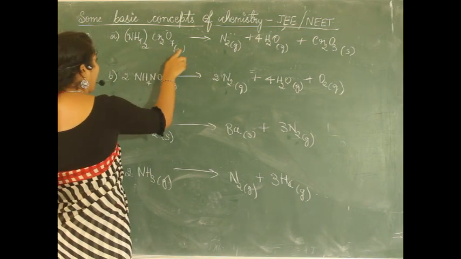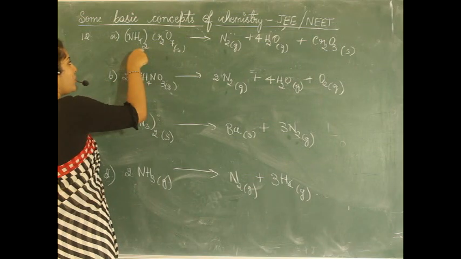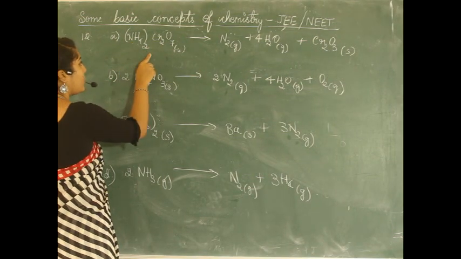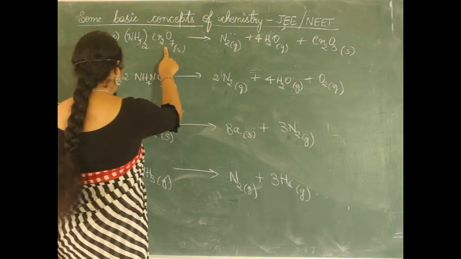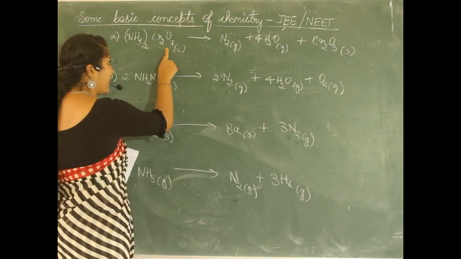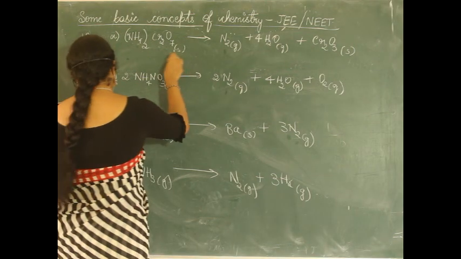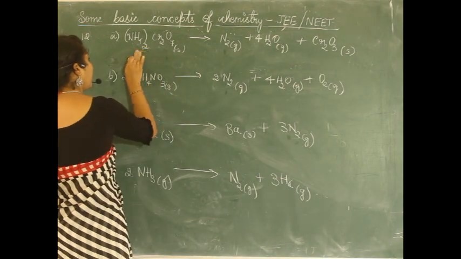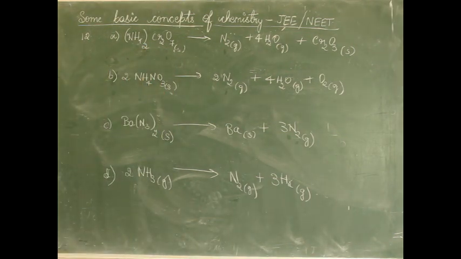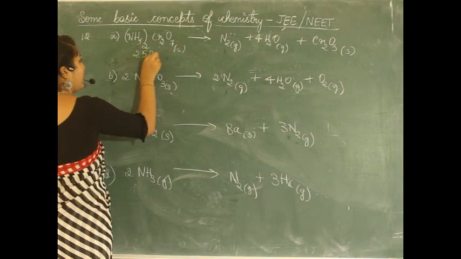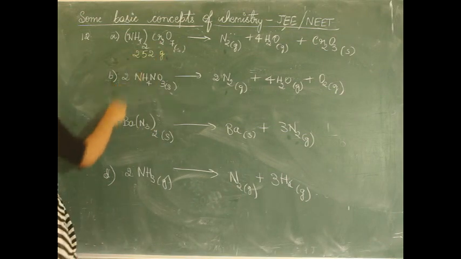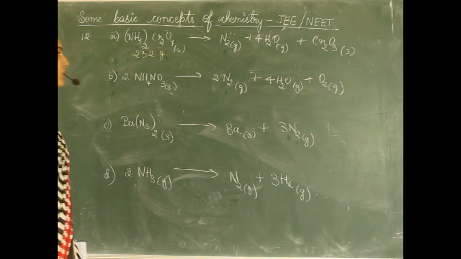Here when you calculate, 2 into nitrogen 14, 2 into hydrogen 1 into 4, plus for chromium it is given 52, 52 into 2 plus 7 into 16, you get 252 gram. That means the molecular mass is 252 gram.